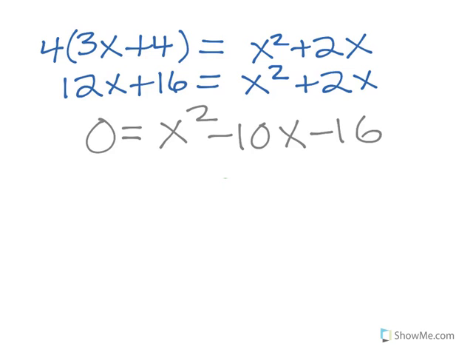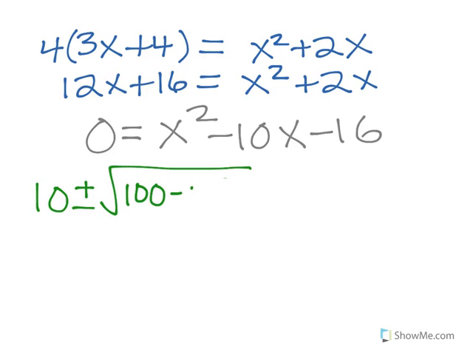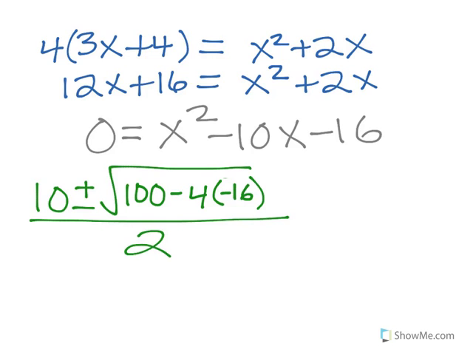You're going to ask yourself if you can factor, which in this case we cannot, so we're just going to use the quadratic formula. So when I do the quadratic formula, I get 10 plus or minus the square root of 10 squared, which is 100, minus 4 times 1 times negative 16, all over 2a. But since a is 1, it's all over 2.